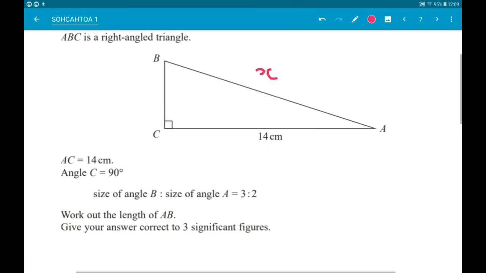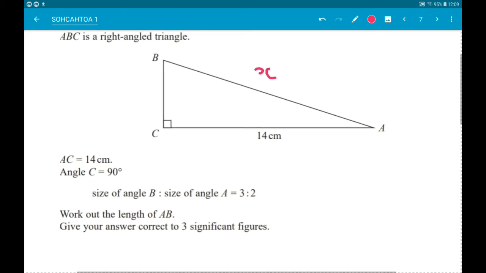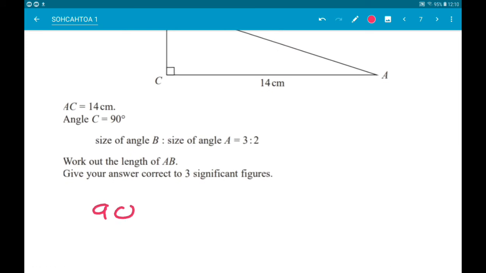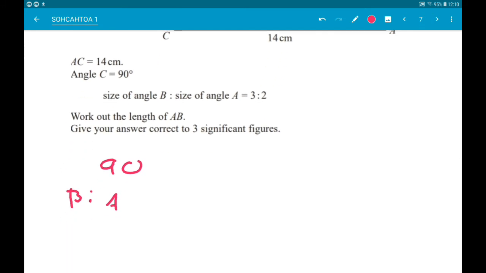So, angles in a triangle add up to 180. We already have 90 in the right angle, so B and A together make up 90 degrees. So we need to split 90 in the ratio B to A, which is 3 to 2.